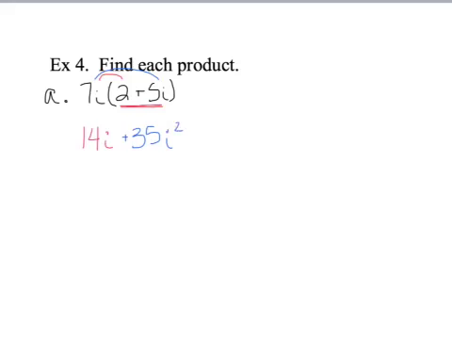Okay? Now, think back to that pattern that we talked about earlier. We said i to the first is i, i squared is negative 1, i cubed is negative i, i to the fourth was positive 1.